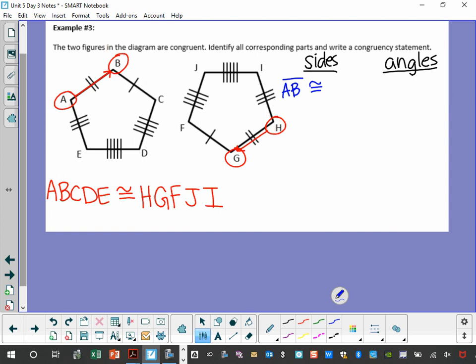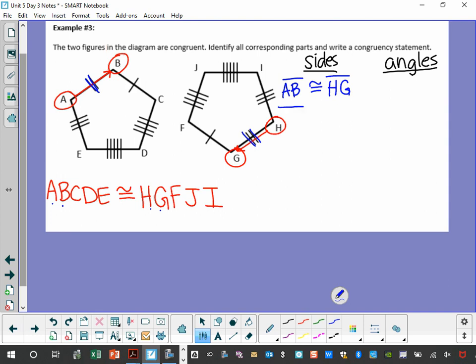What Lulu just told us is that side AB had 2 hash marks. So she looked for 2 hash marks on the second figure and saw it was HG. What I did was I just looked at my congruency statement and I said AB is congruent to HG. Either way works, okay? If you are visual and you can see this better, go for the figure. If you want to be able to just match them up perfectly, go for the congruency statement.